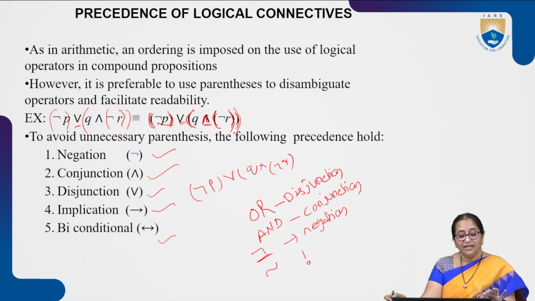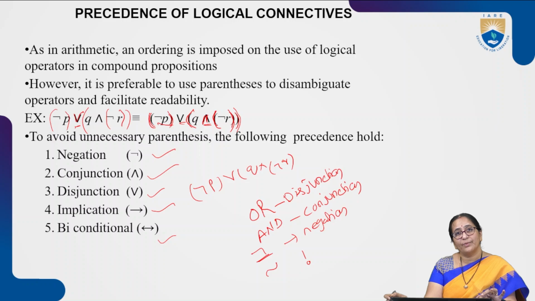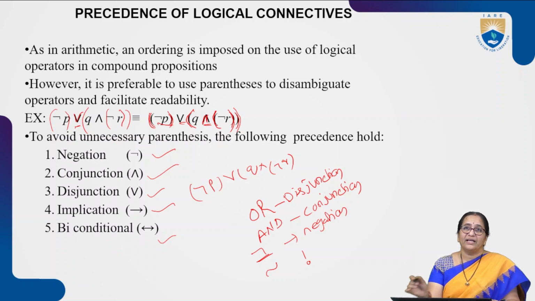Next, again the disjunction operation, and we apply the operation on that. Next the implication. In this example we don't have any implication. Then we follow the implication, and next is the biconditional.